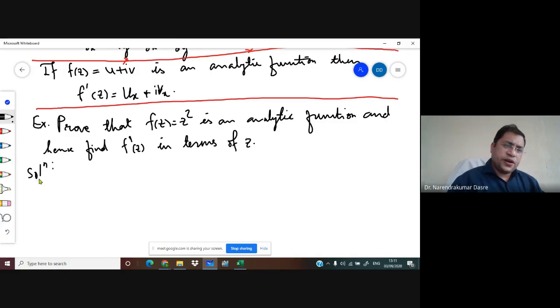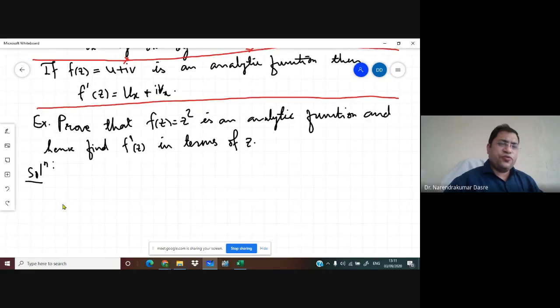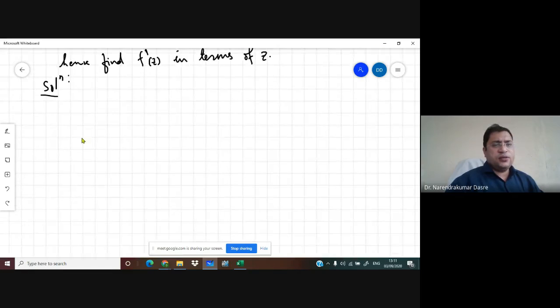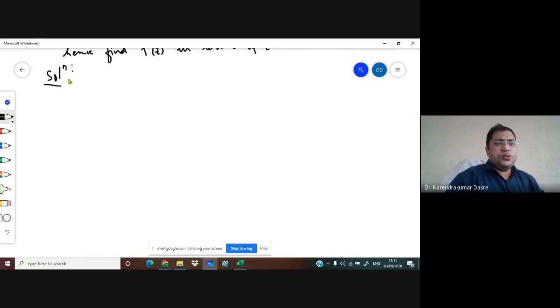So here we have to find f dash of z also. So remember the three steps. First, we have to separate the real and imaginary parts. Second, we have to test the necessary and sufficient conditions. And third, we have to find the derivative of f in terms of z. These are the three steps that we have to follow. So let us see the solution.